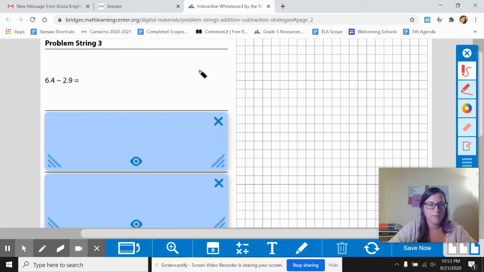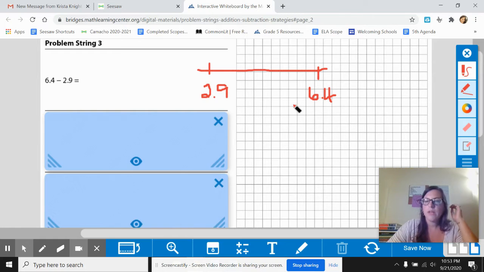And here is why. If I was on a number line and I had 2 9/10, and I had 6 4/10. When I'm doing my subtraction, I'm actually kind of finding the distance between these two.